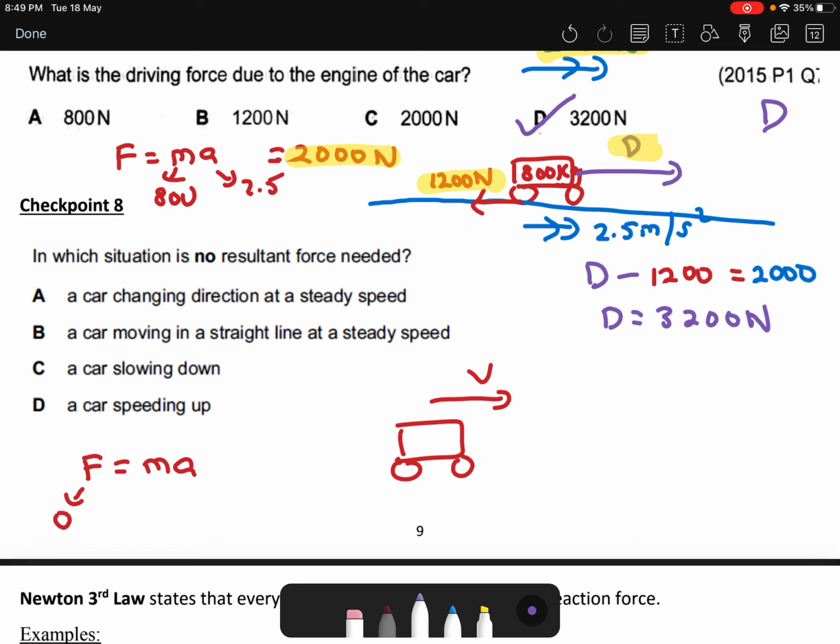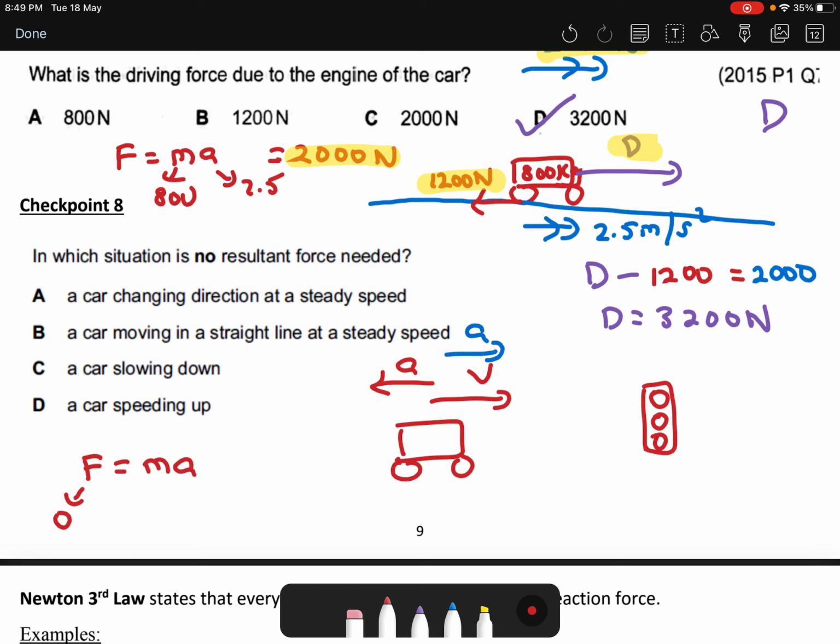In front there's a traffic light, and it turns red, so you need to slow down, decelerate to a stop. So acceleration is opposite to your motion. This is called deceleration. If you are getting faster and faster, your acceleration must be in the same direction as your velocity or your speed.